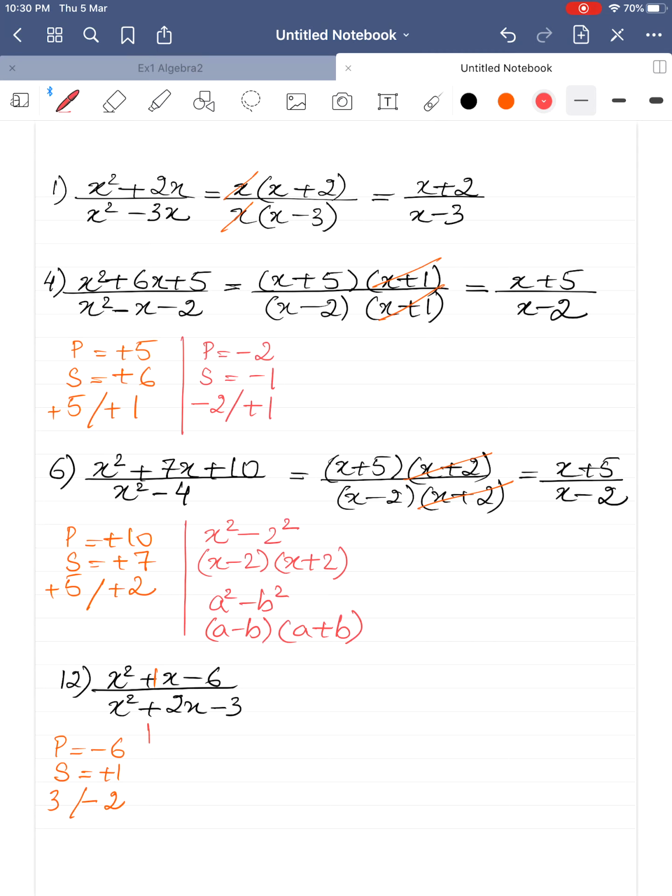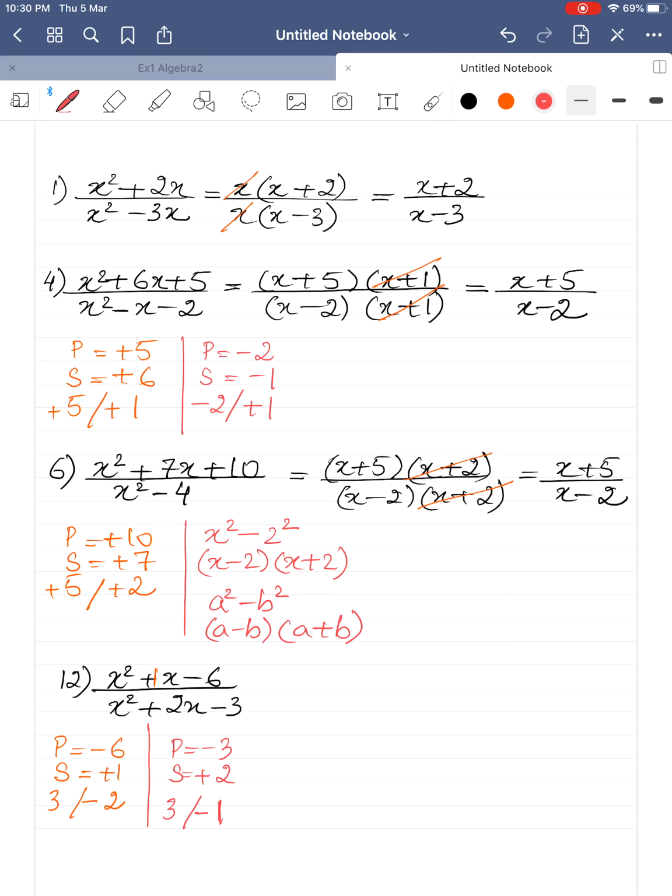Now factorizing the denominator, we have a product as negative 3, sum as 2. The numbers that multiply to give you negative 3 are 3 and negative 1. And as we can see, 3 and negative 1 add up to give us the positive 2.